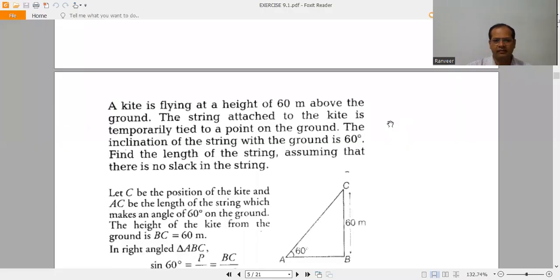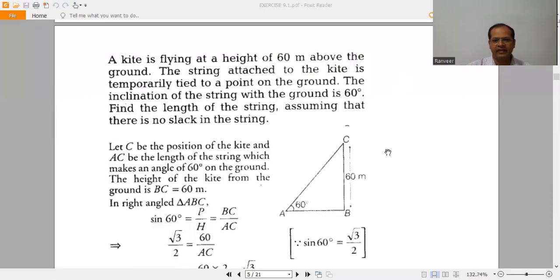Now question number 5. A kite is flying at a height of 60 meter above the ground. This is the 60 meter above the ground at which it is flying. The string attached to the kite is temporarily tied to a point on the ground. The inclination of the string with the ground is 60 degree. Find the length of the string, assuming that there is no slack in the string.